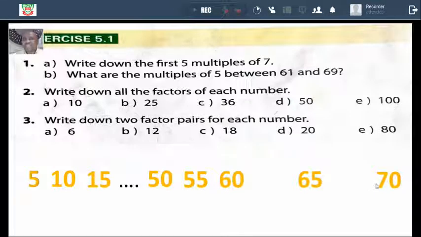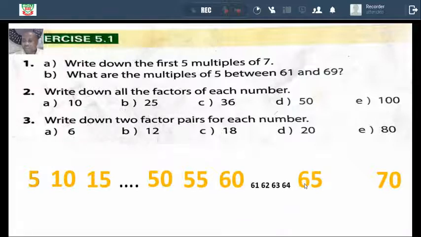Now, for you to get this, if you are still lost a little bit, I suggest that you remember that in a normal number line, between 60 and 65, there will be numbers here. So add them, because from 60 to 65, we also have 61, 62, 63, and 64.